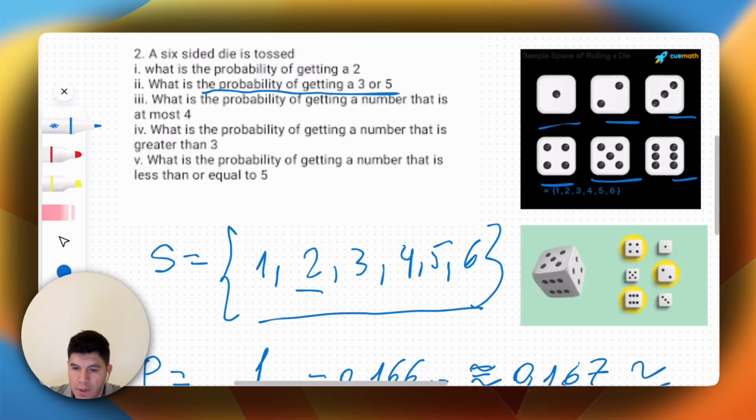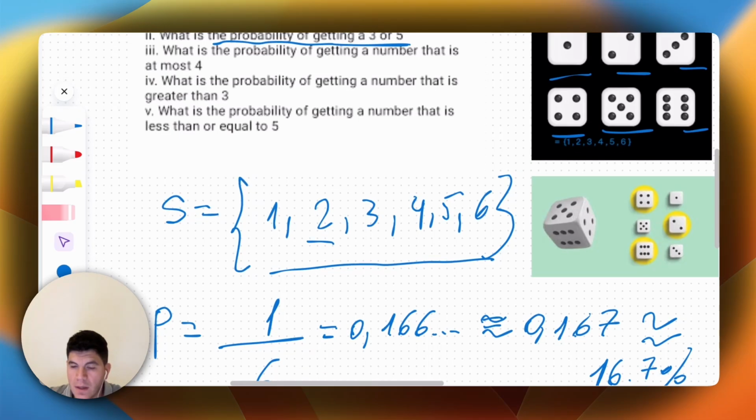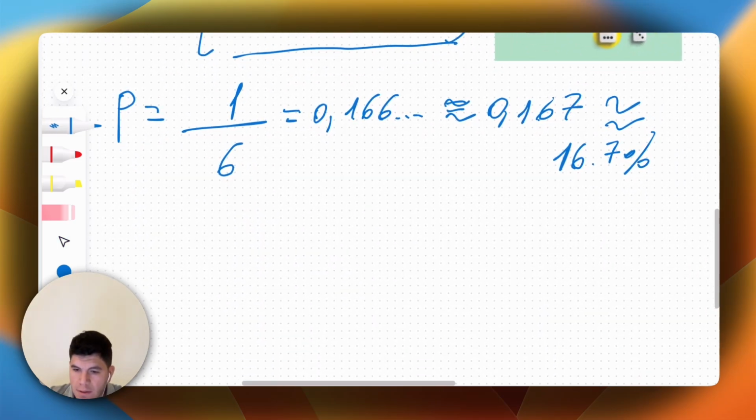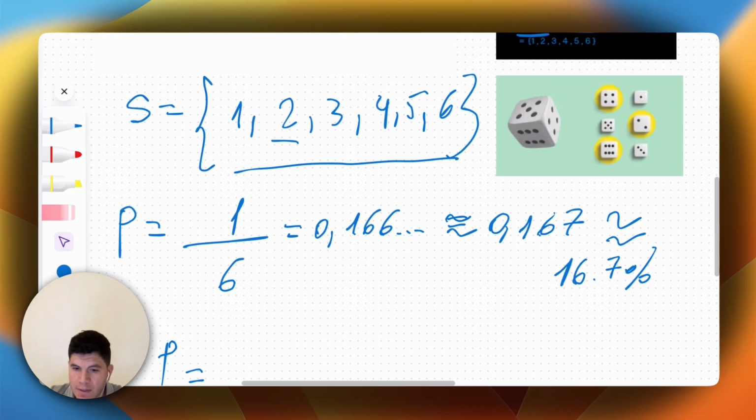Okay, let's have a look. How does it work with this? So again, what are the possible outcomes? There are 2 favorable outcomes out of 6, which are 3 or 5.